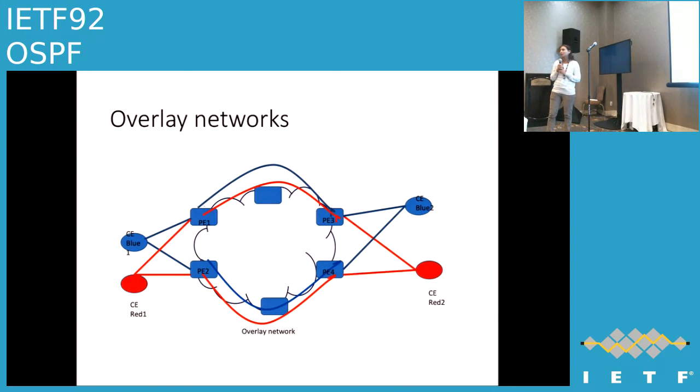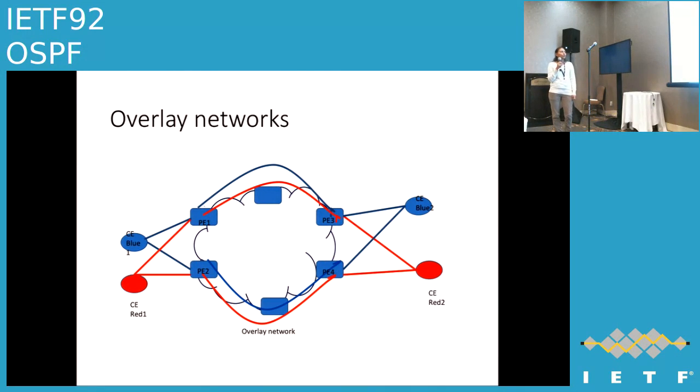So we have a typical overlay network diagram here. The CEs will not see the PE routers, they just see the overlay network, and OSPF runs on top of the CE Blue 1 to CE Blue 2 link. So the underlying network devices are not visible. When the underlying network devices go for maintenance, we need a way, similar to the overload functionality, to move the traffic around the router that goes for maintenance to other links, even before the router goes for maintenance.